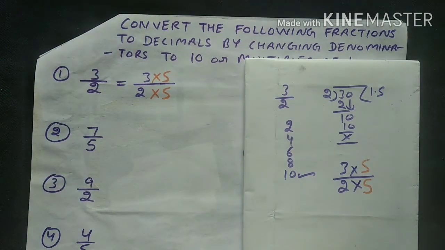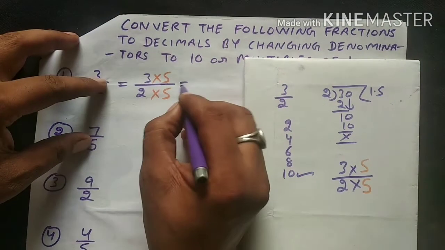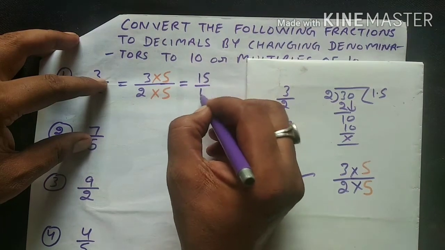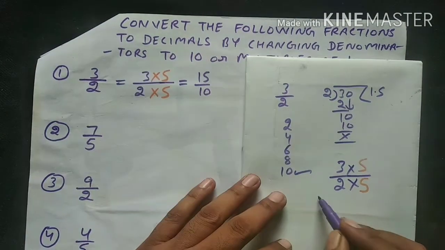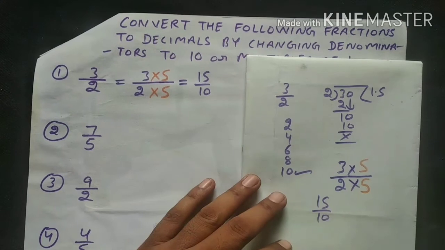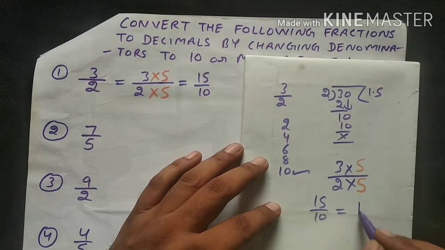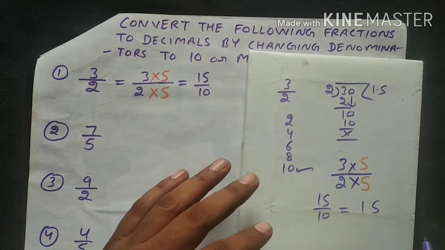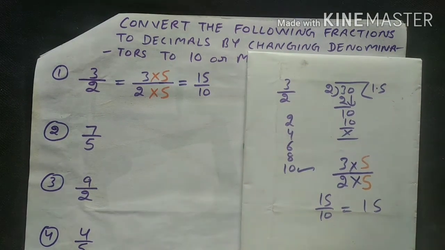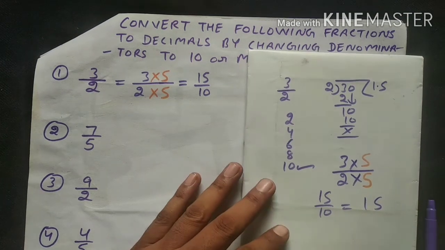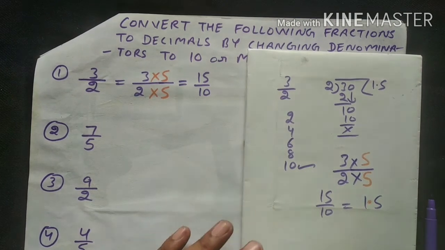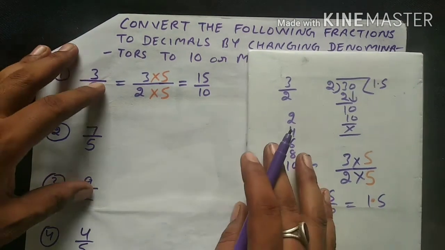Now the answer is 15 over 10. How many zeros are there in the denominator? One zero. So firstly I write the numerator part and then place the decimal after counting one digit from the right. So my answer will be 1.5.